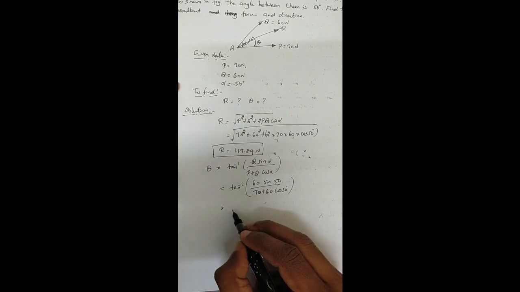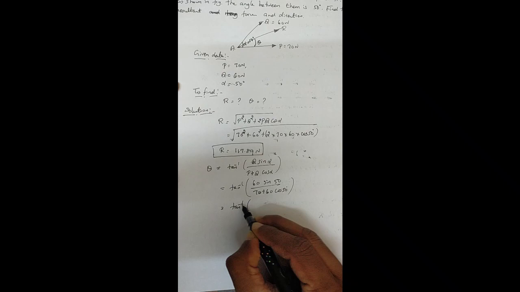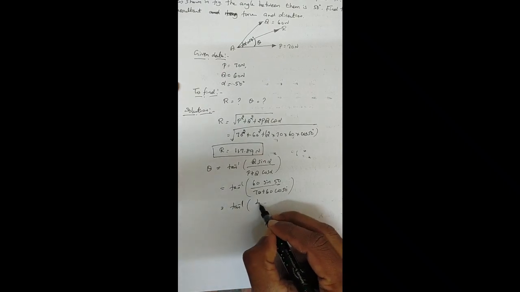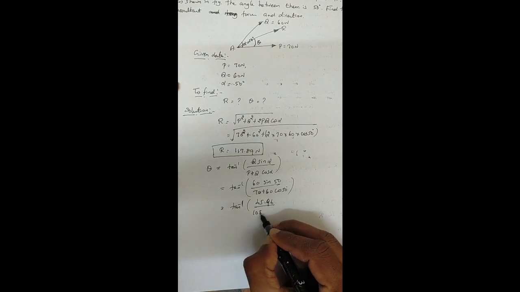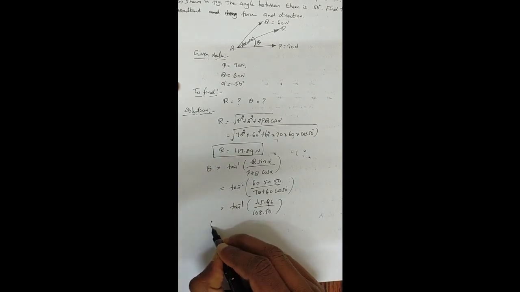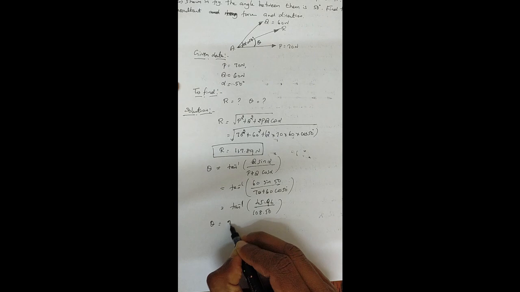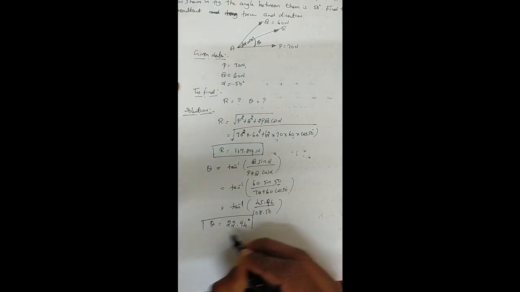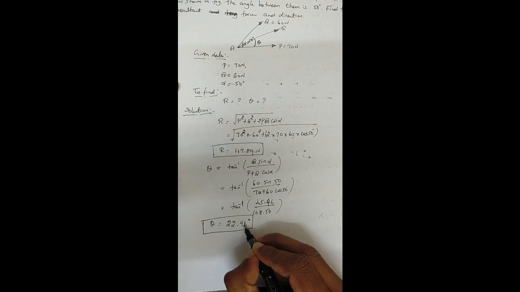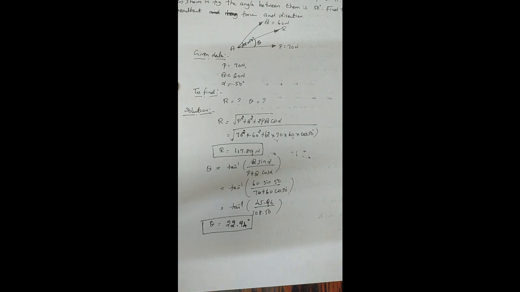You will get the value like this: tan inverse of 45.96 divided by 108.56. Finally, you will get the value of theta equal to 22.94 degree. That's all about this problem, and thank you for watching this video.